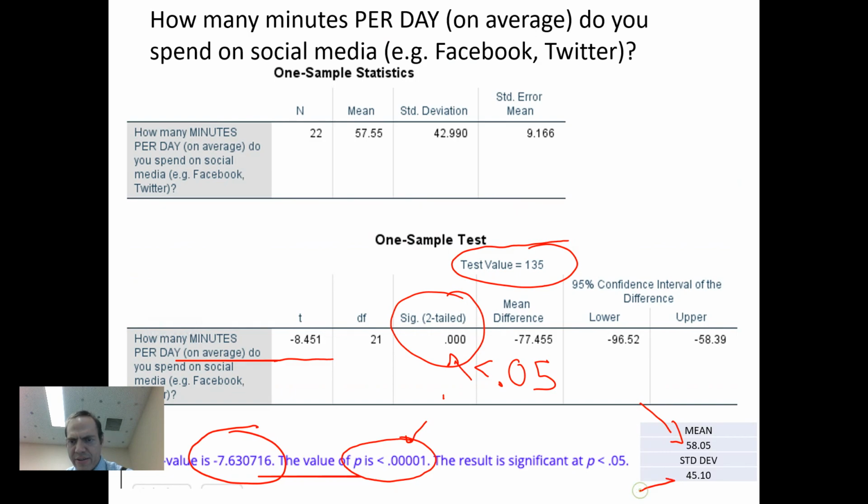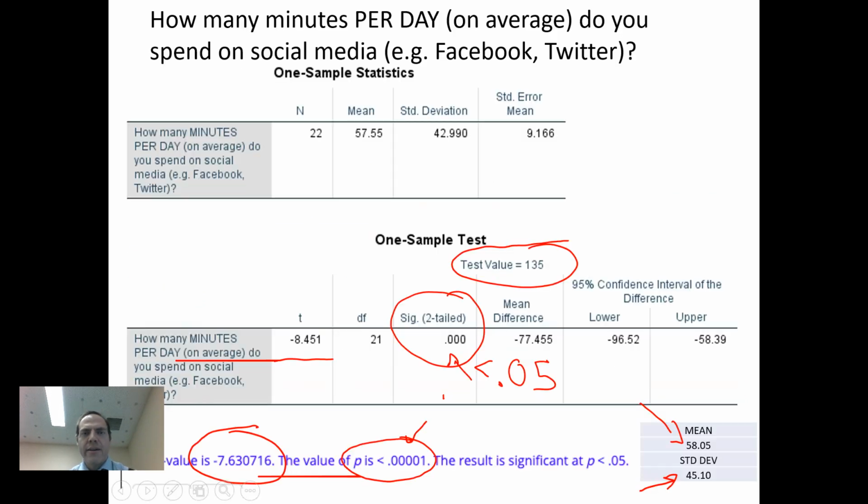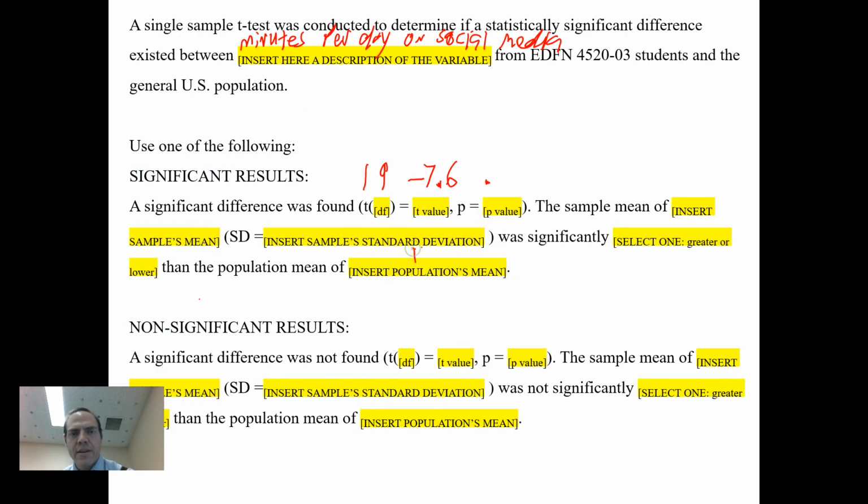It's right here. And then was it significantly greater or lower than the population mean of 135? All right, that's it.